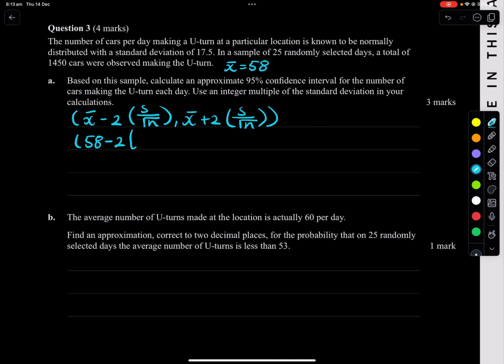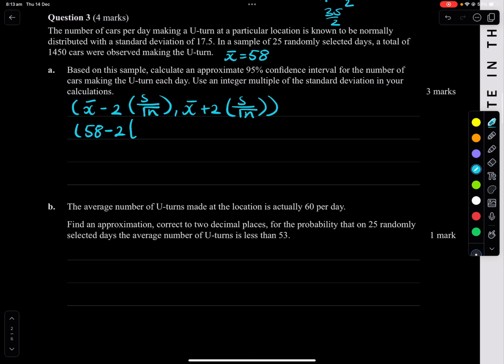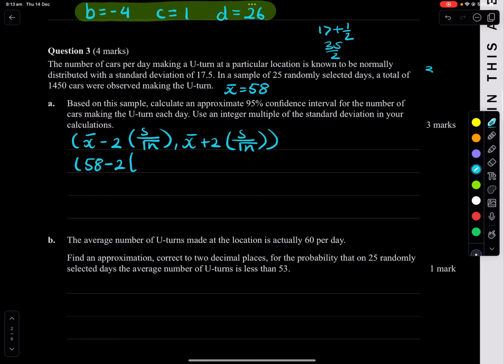Well, S is 17.5, but it's very ugly. Let's make it into a fraction. So it's 35 over 2, divided by root N. And our N is 25, so root N will be 5. So what's 35 over 2 times 1 over 5?